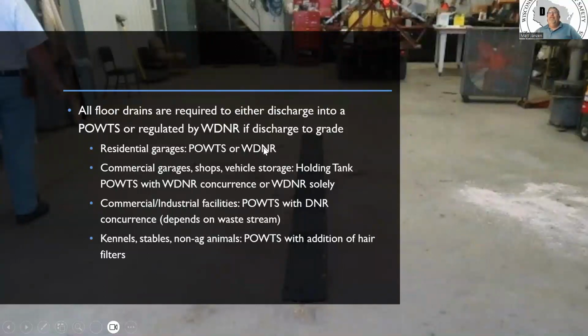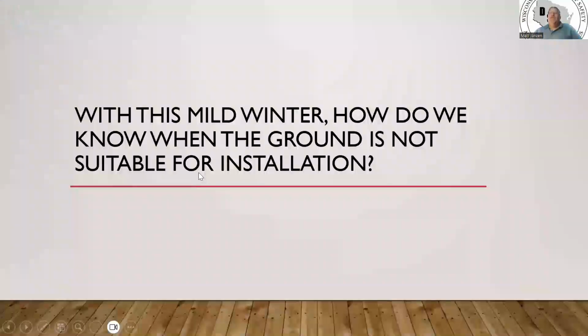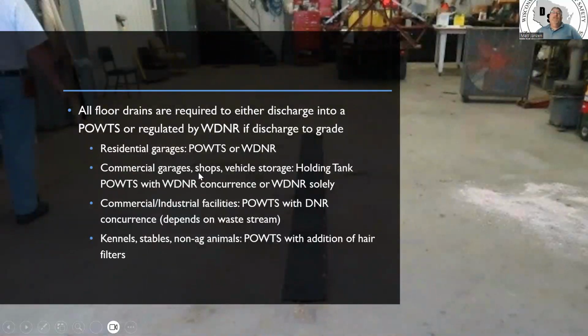Really, we don't want snow melt and stuff into a POWTS. But we consider residential garages as not being a significant source of oil, grease, gasoline, things like that, because it's just the parking of a vehicle, possibly snow melt or rain dripping off. However, we get to things like commercial garages, shops, or vehicle storage.